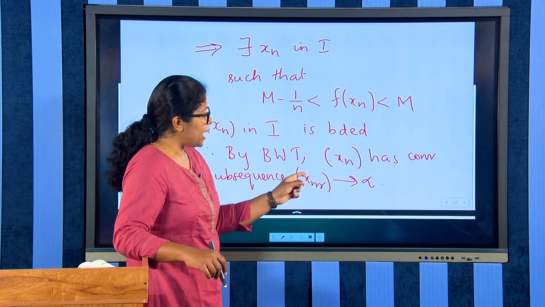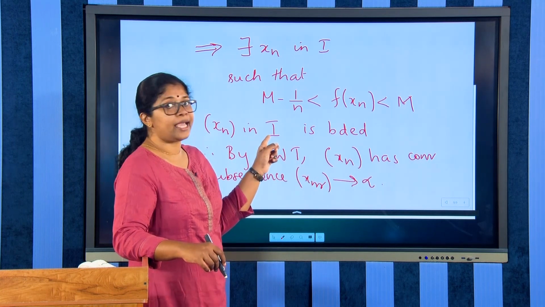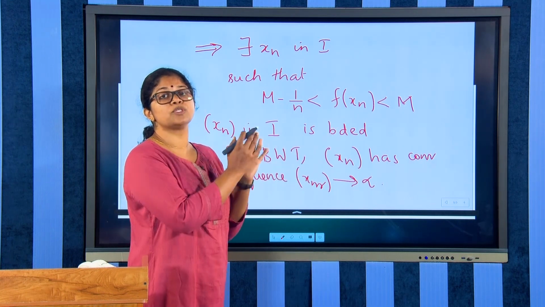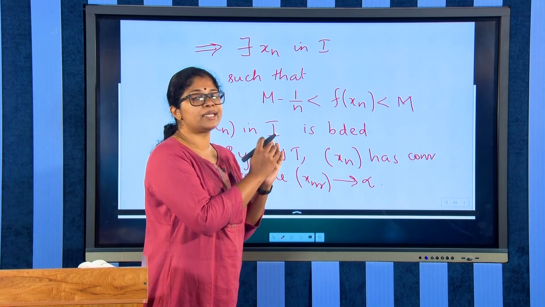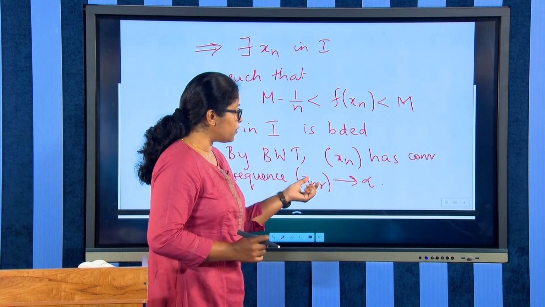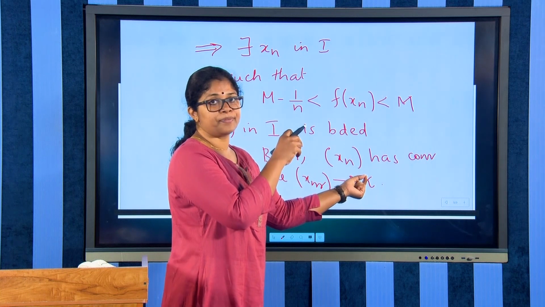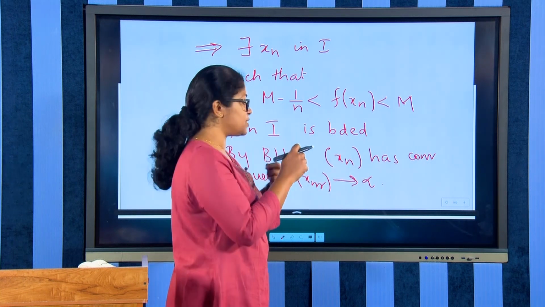Now xnr is in I, and I is not only bounded, it is closed also. Now what is the peculiarity of closed sets? Whenever you have a limit, that limit should belong to the set. That is the meaning of closed set.